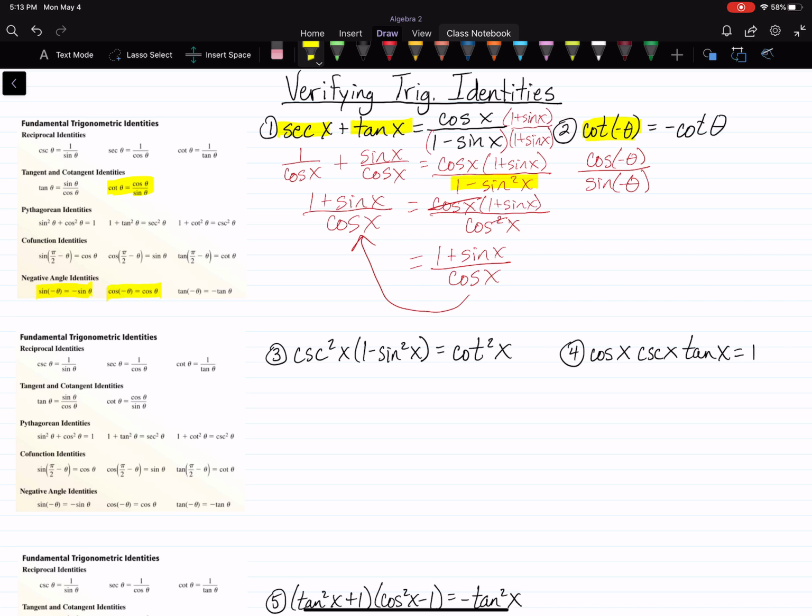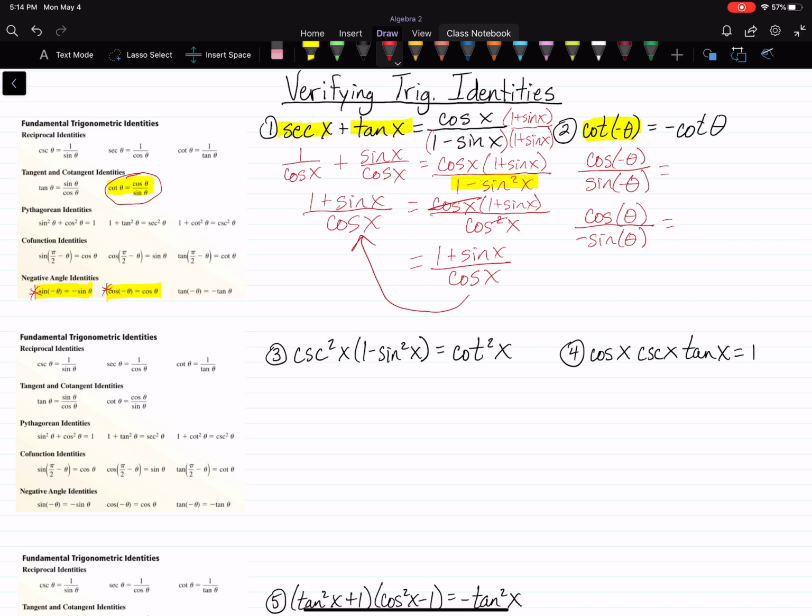Cosine of negative theta equals positive cosine of theta, and sine of negative theta equals negative sine of theta. Okay, so I used this one for the cosine of negative theta, and I used this one for the sine of negative theta.